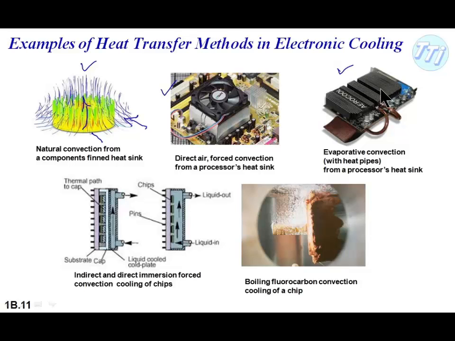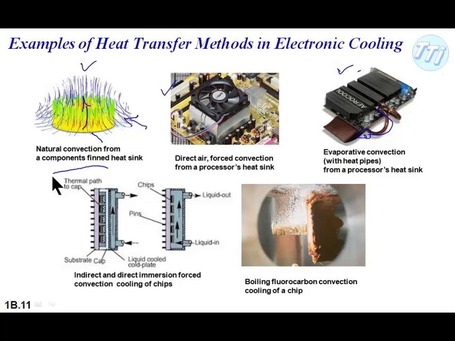But this shows an evaporator system with heat pipes that go down to a condenser body down below, and these are to move even more heat than convection techniques shown in the previous two pictures.